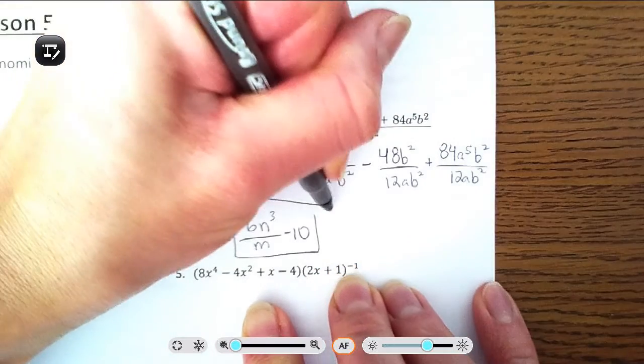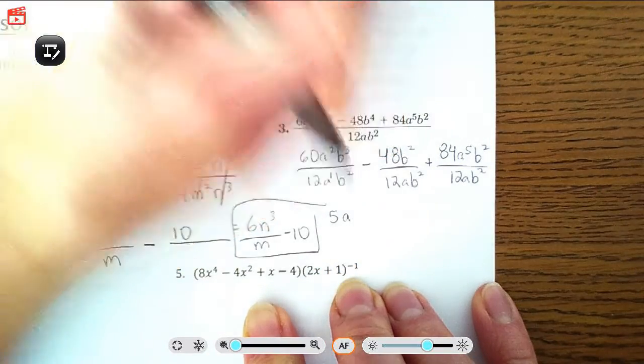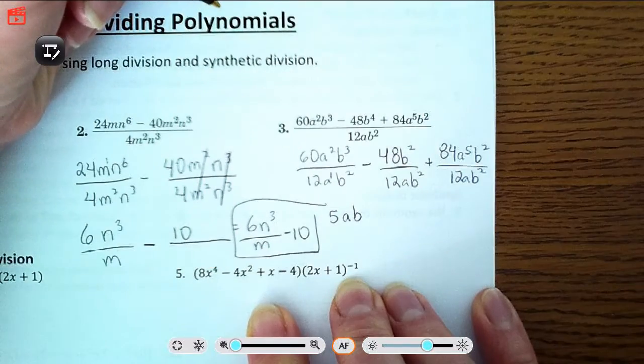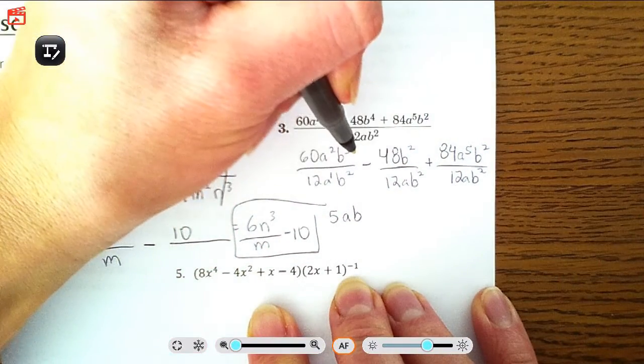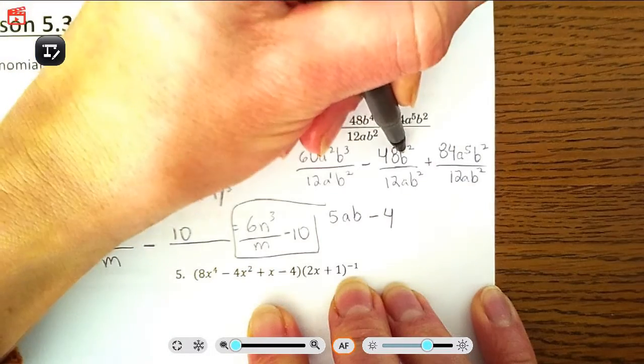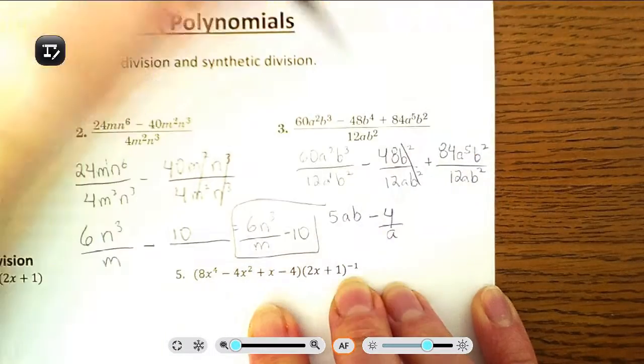60 divided by 12 is 5. 2 minus 1 is a to the first. 3 minus 2 is b to the first. Then 48 divided by 12 is 4. B squared divided by b squared divides evenly, but I still have an a in the denominator.